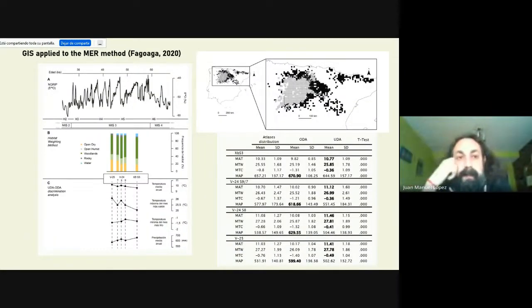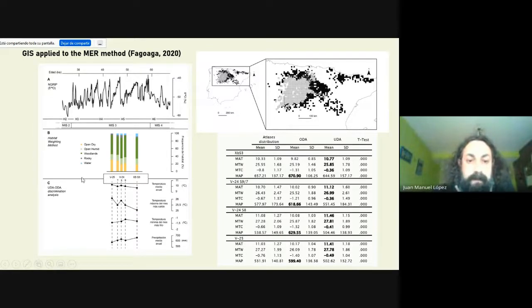Another improvement in this kind of method is the application of GIS to the mutual ecogeographic range method. In this case, it is the PhD from Mana Sánchez in 2020, who applied GIS to make the mutual ecogeographic range and calculate the temperatures and precipitations of the site of El Salt, that is located in Valencia, and is a MIS 3 site in this case.